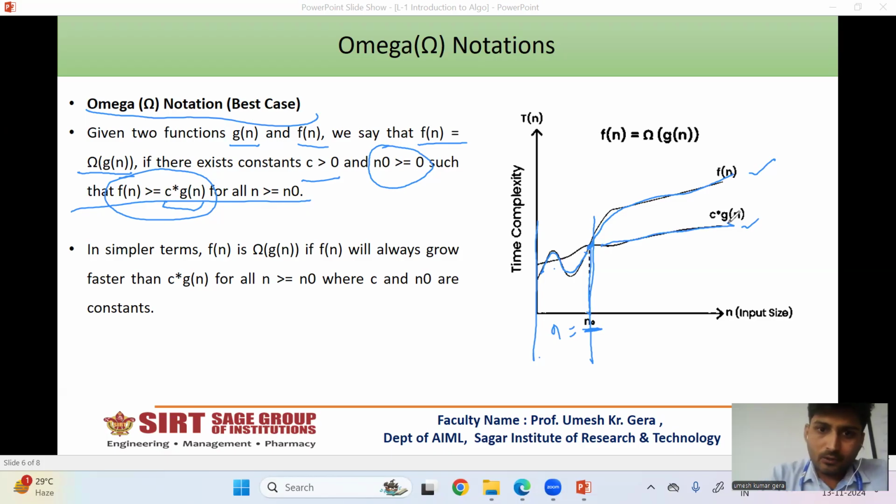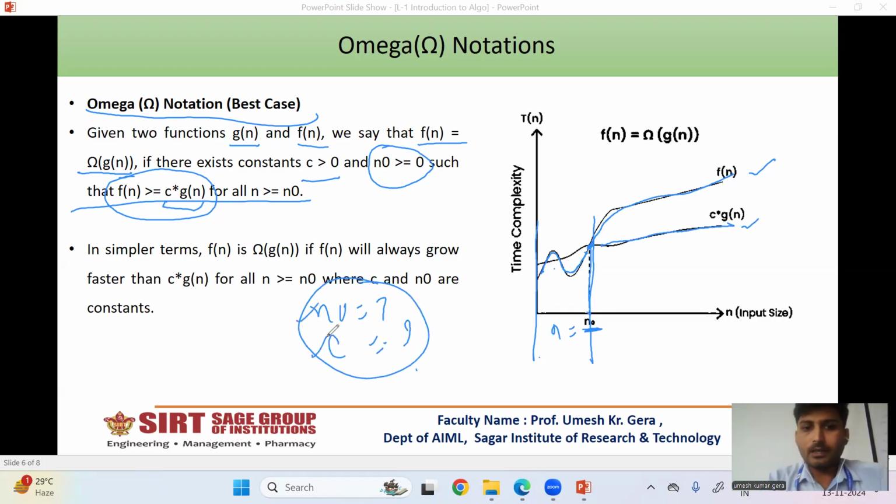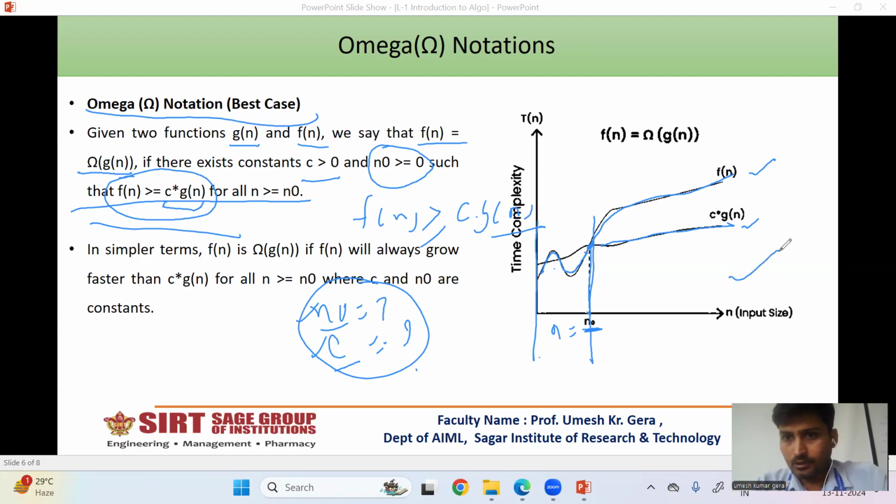So in omega notation, you have to find the value of n naught and the constant value c. Put these two values, n naught and c, in the given equation, and we can easily say that f(n) is always greater than or equal to c times g(n). This is the formal definition of omega notation, the graph shows the omega notation, and it is used for the best case.